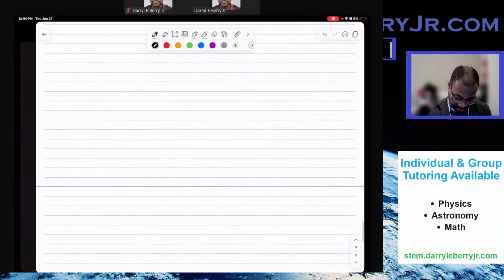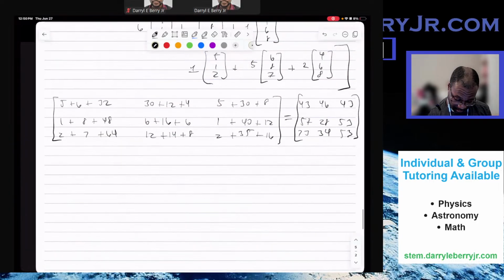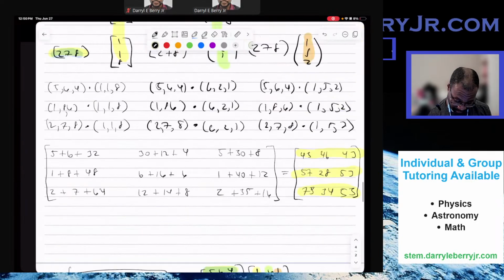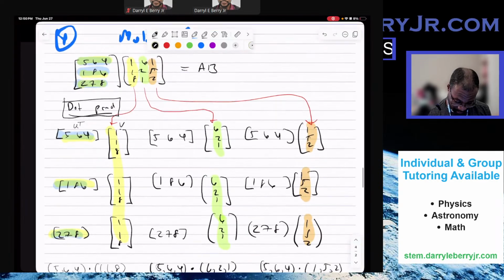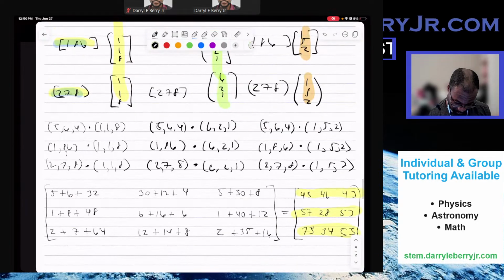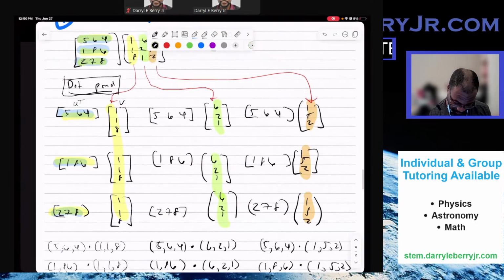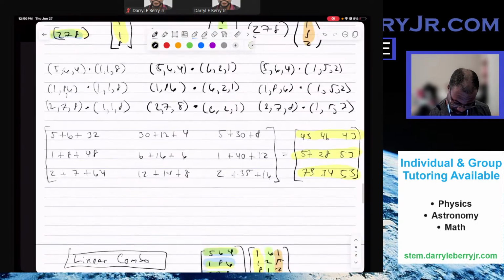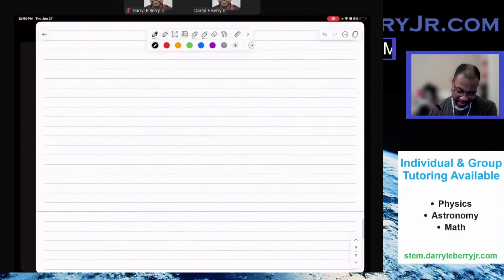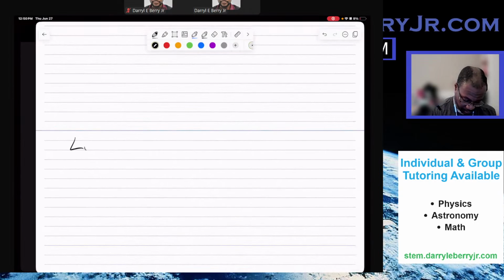So another way is a linear combination of rows.